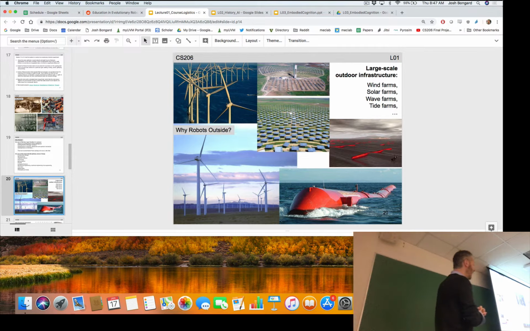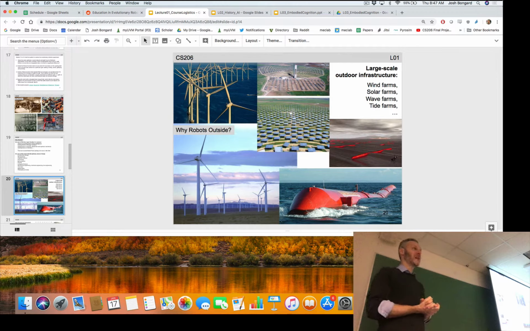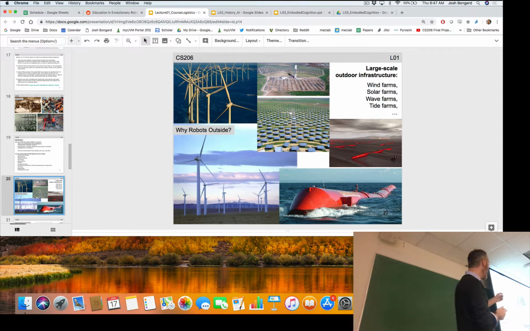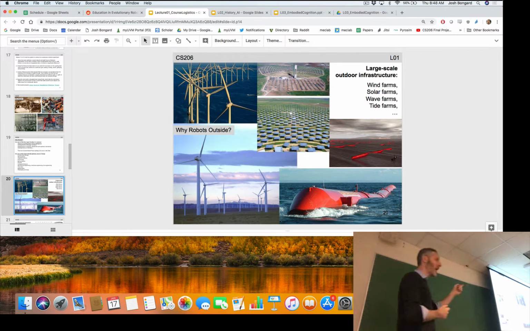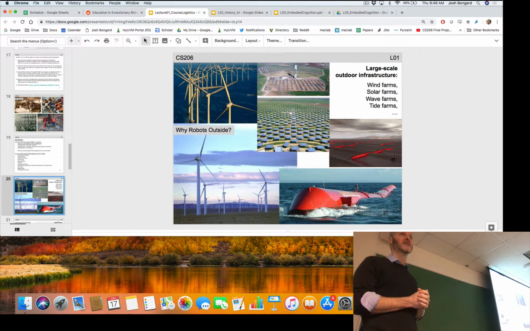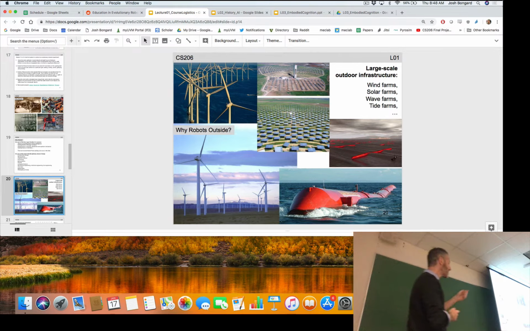If you deploy infrastructure at this scale, there are a number of challenges that arise. What are some of them? Maintenance. So, do we send a human worker out and up a turbine to fix it? Do we send a robot out and up a turbine to fix it? Do we send a drone that doesn't have to climb the turbine to go fix it? Do we instead consider the turbine as a robot itself?